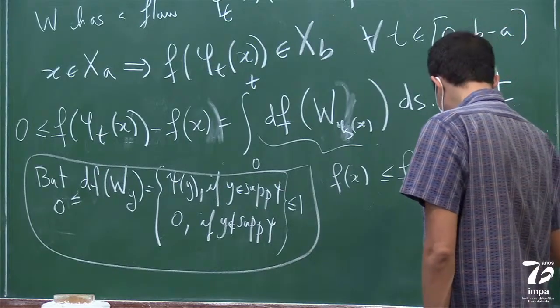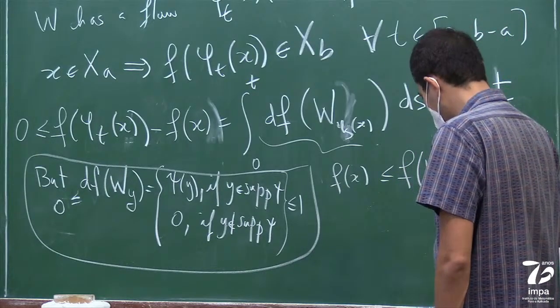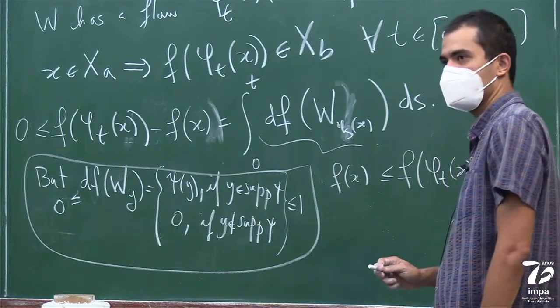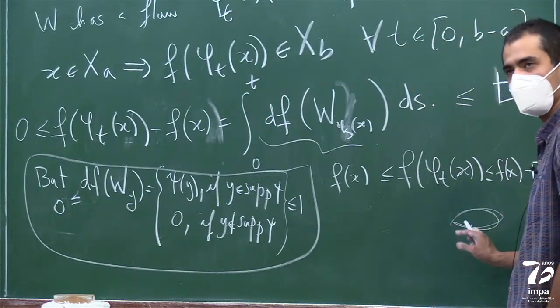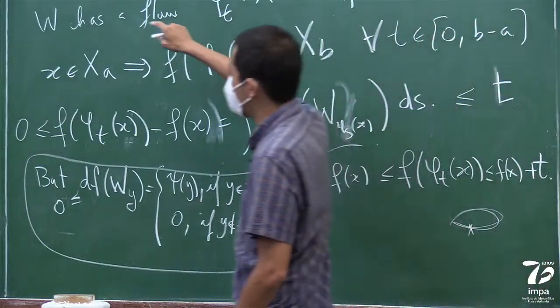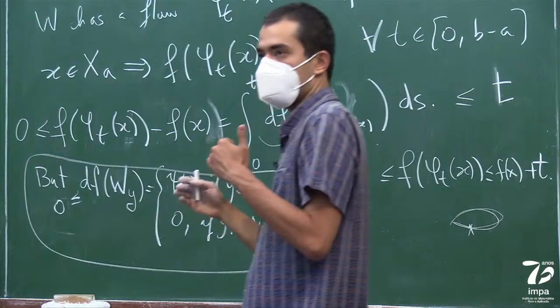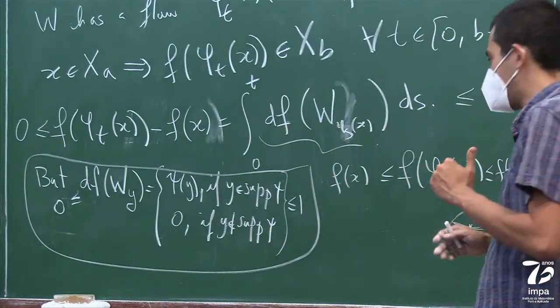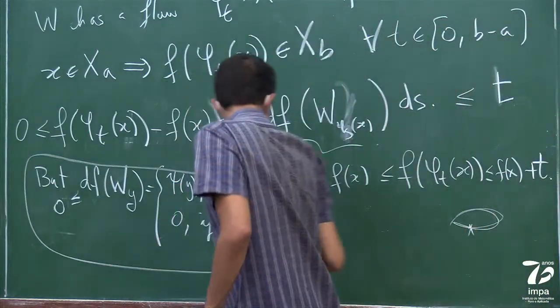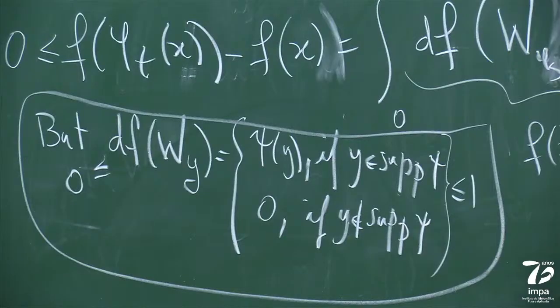So the only way to get out is if I hit a point where the boundary stops, where I hit the boundaries. But because I'm assuming that B is in the image of F, and it's a regular value, basically I can go all the way to B minus A.